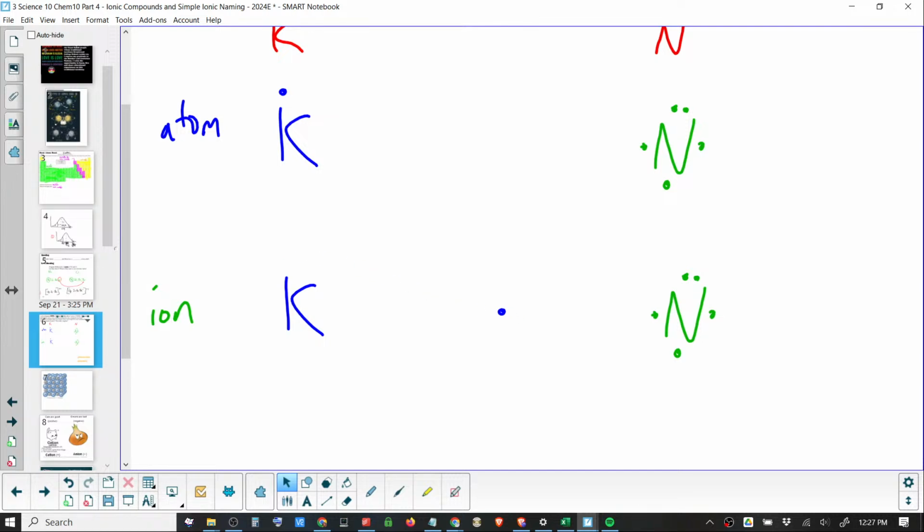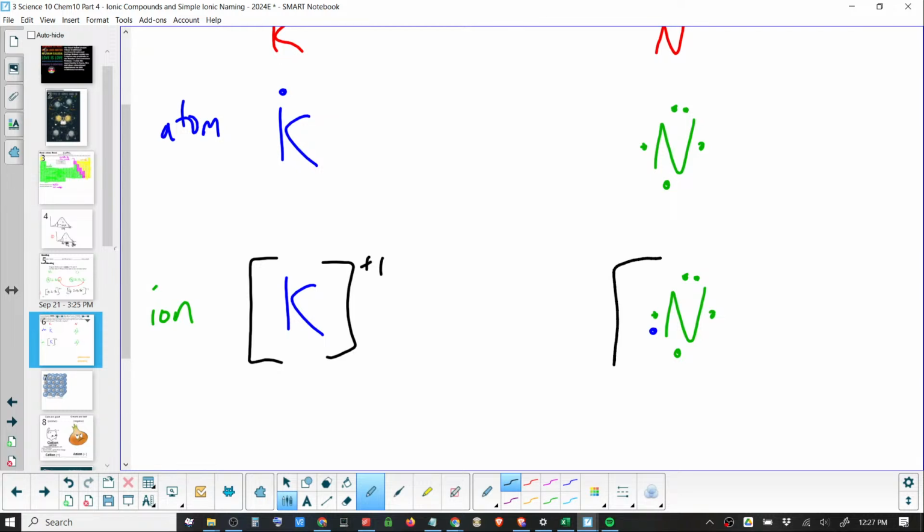And who's going to take it? Nitrogen. Because how many does nitrogen need? 3. Now, some people did a very clever thing in that they saw that that was then +1, and they essentially did that and said, oh, that's -1. Done. And I'm like, yes, you cleverly took the electron and put it where it belonged.